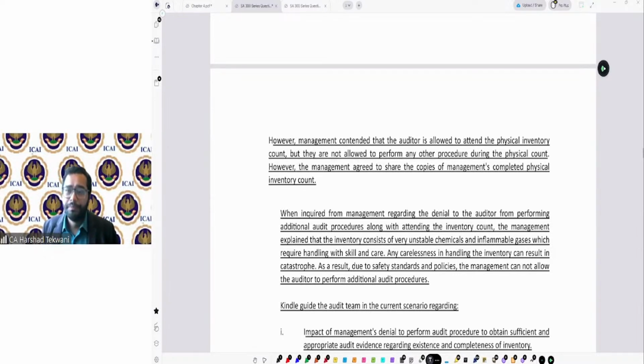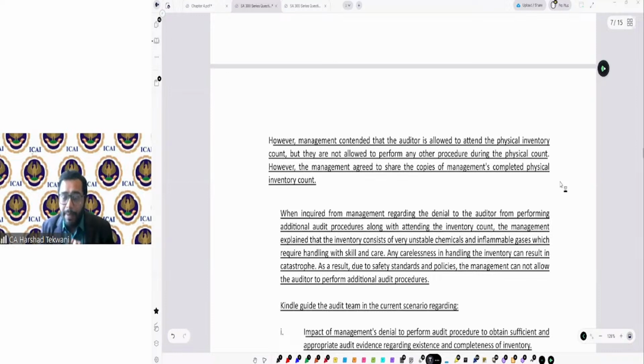Very good, Mohammed. Practical scenario: if you are not able to perform the inventory count because of the nature of the inventory, and management is denying, saying please do not perform the inventory count, we cannot allow you, what will you do? Very good, Charu. Absolutely correct, guys.